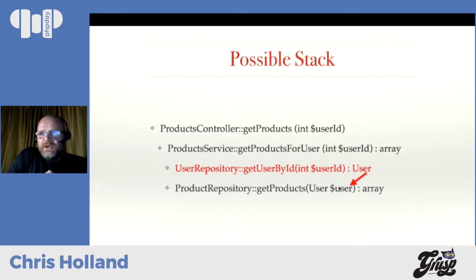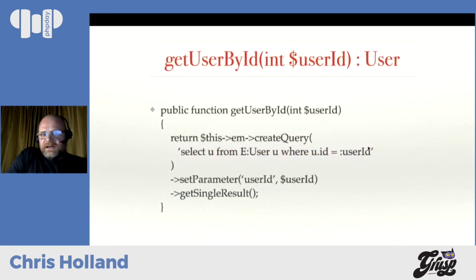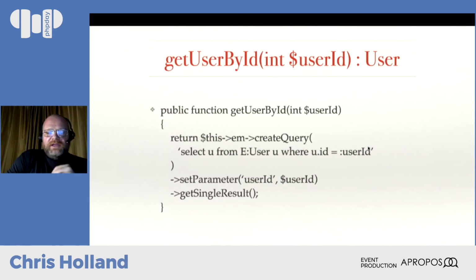Okay, so let's look at this method, get user by ID in the user repository, which returns a user. This is some sample code of what Doctrine code could look like using DQL.